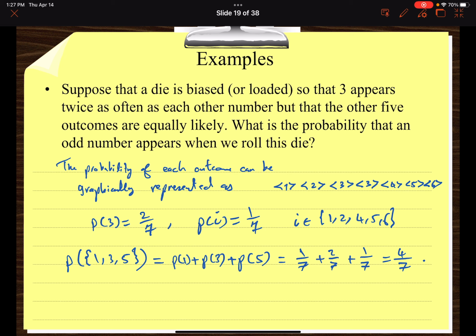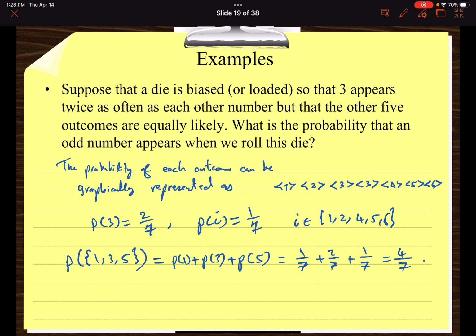It will be twice. So now you have 1, 2, 3 appears twice than each one of the others, and then 4, 5, 6. So what's the probability of a 3? It's 2 over 7. It's not 1 over 6.